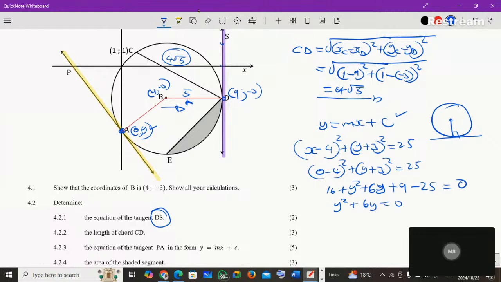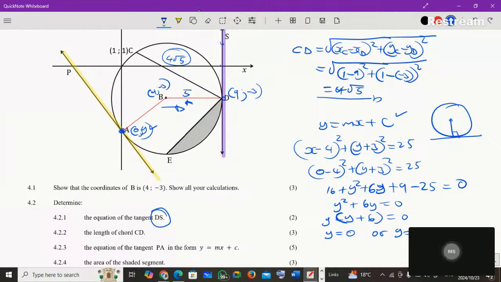Then, taking y out as a common factor, we have y times y plus 6 equal to 0. Therefore y is equal to 0 or y is equal to negative 6.